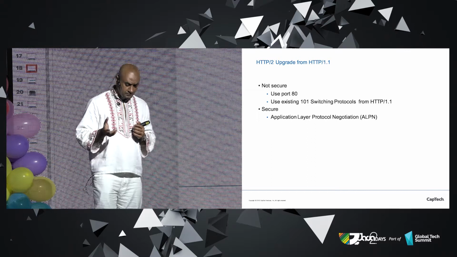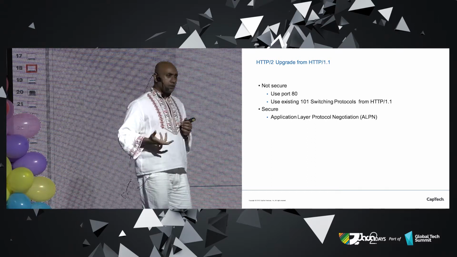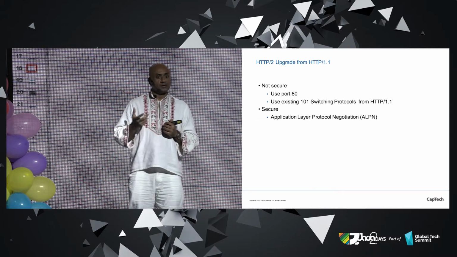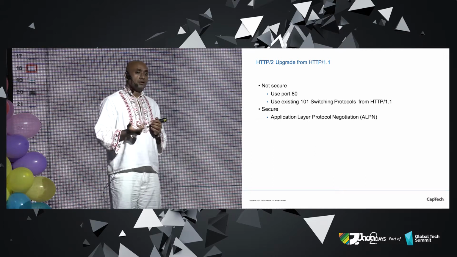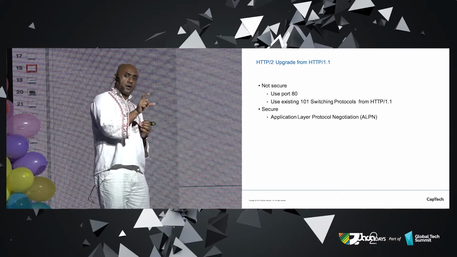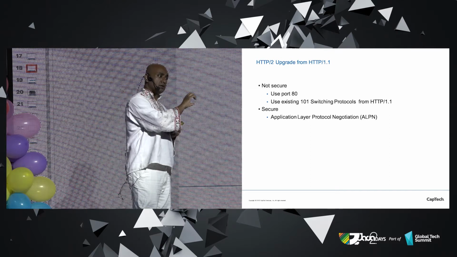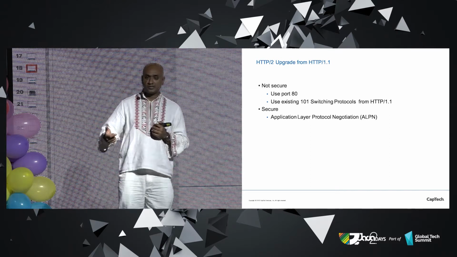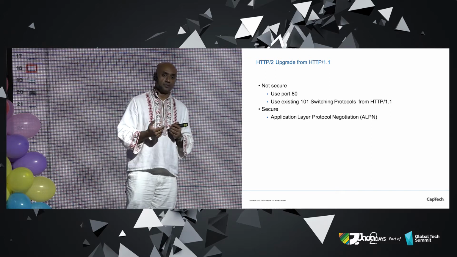Now finally, there's the question of how you handle situations where you have an old browser that does not understand HTTP 2.0, and that browser is making a request to a server that understands HTTP 2.0, and that server also simultaneously serves another browser that does speak HTTP 2.0.